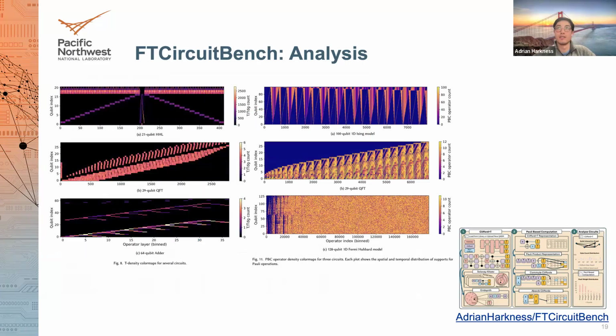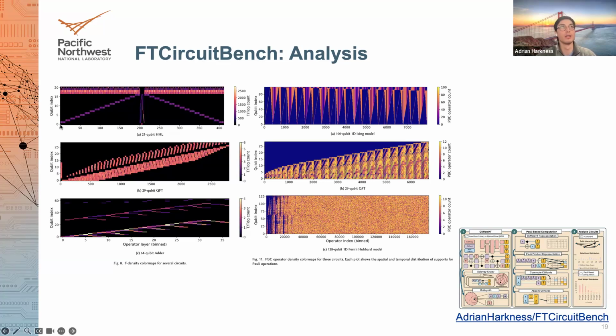And lastly, we have these different circuit representations where you can quickly look at where the expensive resources lie in the space-time layout of your circuit. Over here on the left we have representations of our Clifford+T circuits, where the color bar represents the number of T or T dagger gates in some number of binned operations.